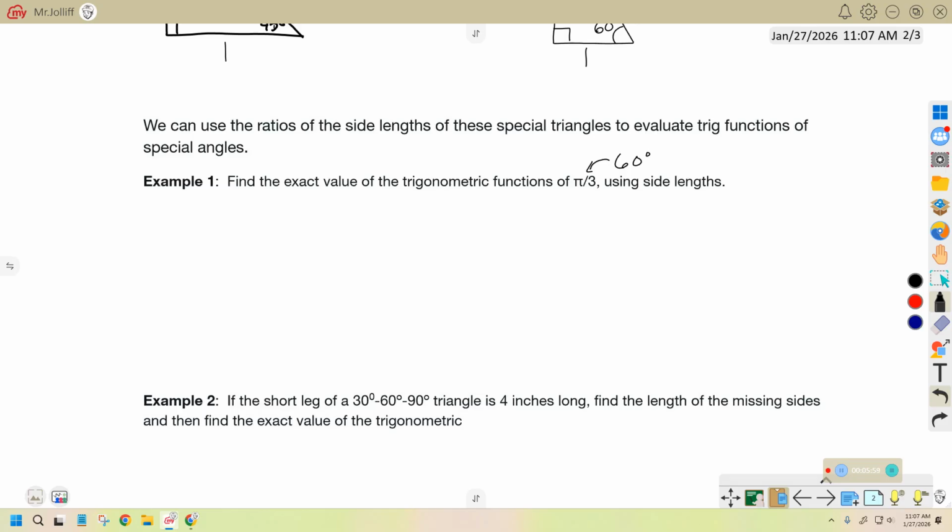So what type of right triangle am I drawing? 30, 60, 90. Yeah. And we know the side lengths. For a 30, 60, 90, it's 1, 2, square root 3.